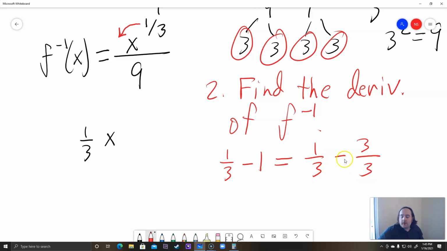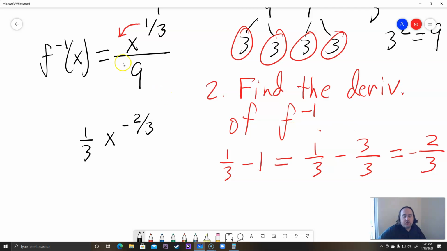And then 1/3 minus 3 over 3, just subtracting on the top, 1 minus 3 is negative 2. So we actually get negative 2/3. Okay, negative 2/3. Alright, so our new exponent, after we decrease it by 1 using the power rule, is negative 2/3. And don't forget, we also have a 9 on the bottom.